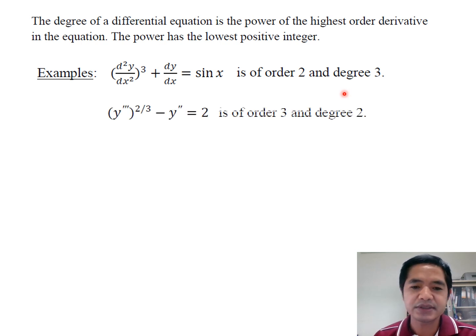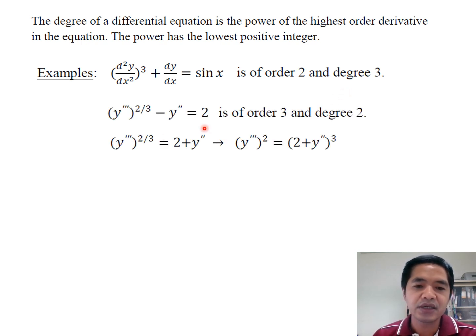Okay, go to the second example. In this equation we have y triple prime, in parentheses, to the third, minus y double prime equal to 2. This is the highest derivative, which is order 3, and this is the power, which is 2/3, but it's not an integer, so we have to change it to a positive integer. What you do is you just rearrange the equation.